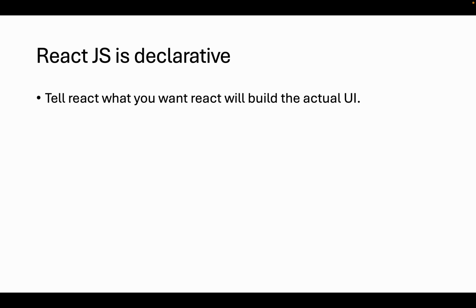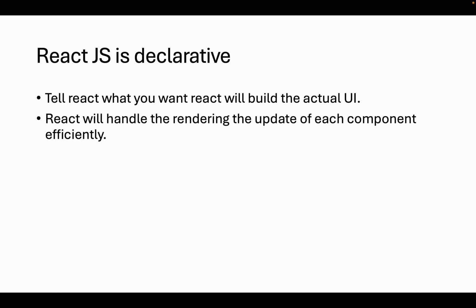React knows what to do, which part of the page is going to change, and how to change the page. The main important part of React is rendering the updates.